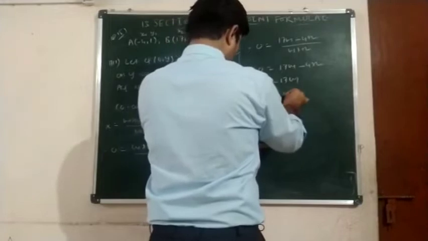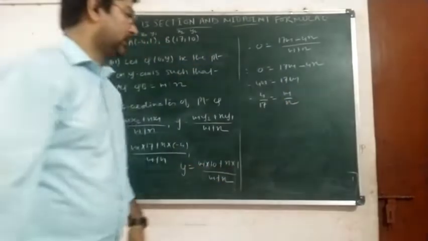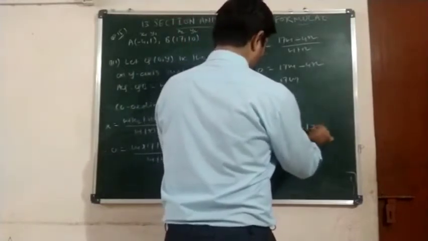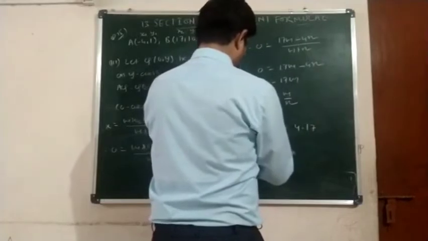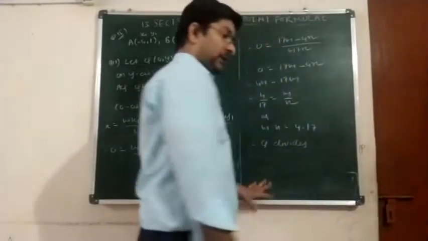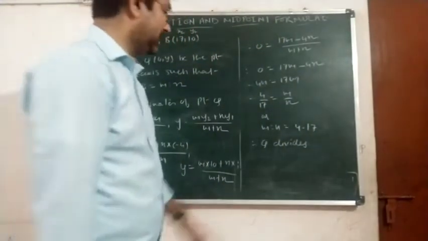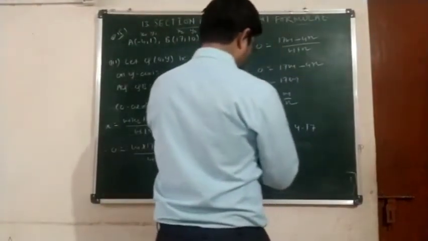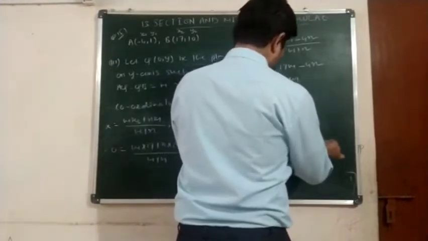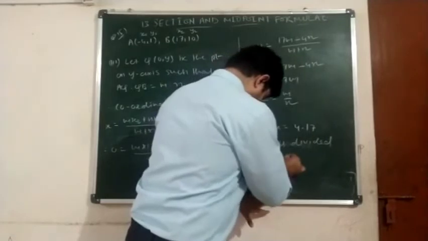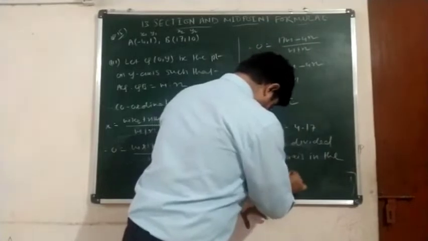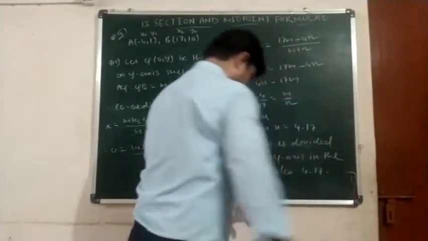Therefore 4 upon 17 is equal to m is to n, or the ratio m is to n is equal to 4 is to 17, and therefore Q divides A and B, or AB is divided by the y-axis, in the ratio 4 is to 17. We will write down that statement. Therefore AB is divided by the y-axis in the ratio 4 is to 17. Please note down.